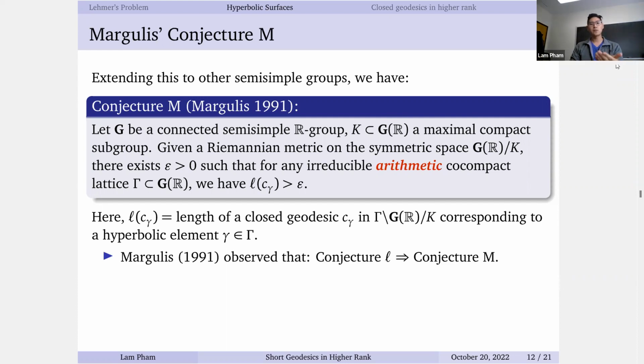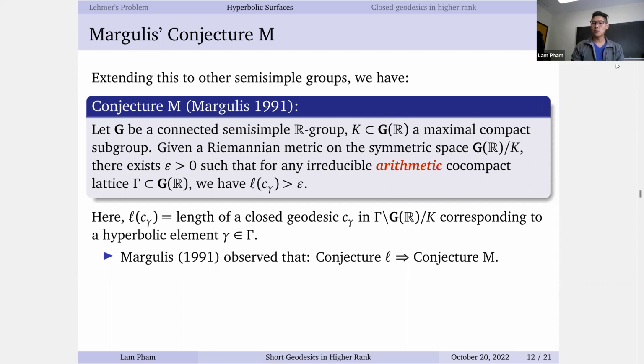So why did we modify this conjecture to replace rank with arithmetic? Well, that's precisely because Margulis actually observed in his book that the Lehmer conjecture, the weak Lehmer conjecture, implies his conjecture. So since the case of level 1 corresponds to the conjecture for Salem numbers, it makes sense to include this case in this conjecture.